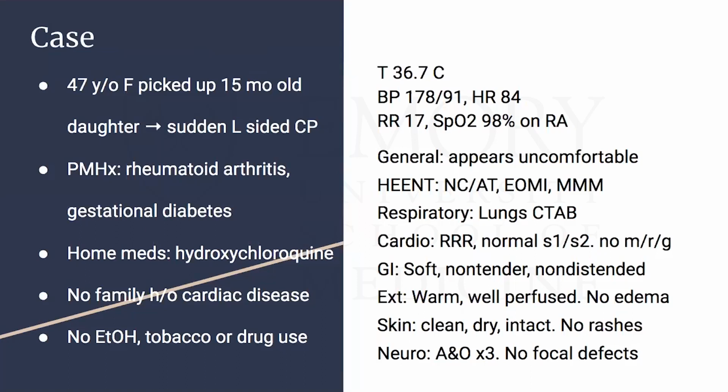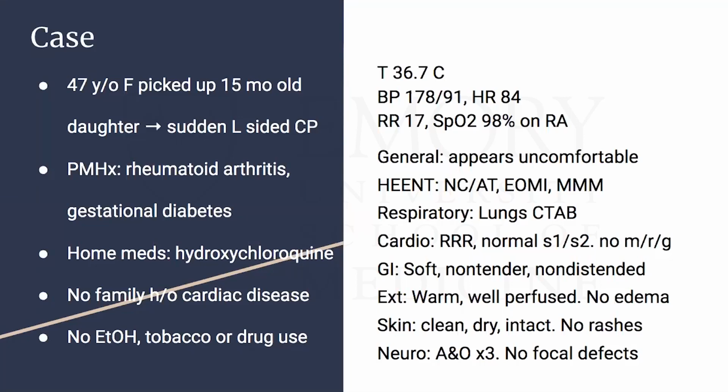She has no family history of any cardiac disease, no history of any autoimmune disorders in the family, aside from rheumatoid arthritis in her mother, and no history of any vascular diseases. She had not been using any alcohol, tobacco, or drugs. She works as an 8th grade math teacher and had 2 kids, her 10-year-old and her 15-month-old.